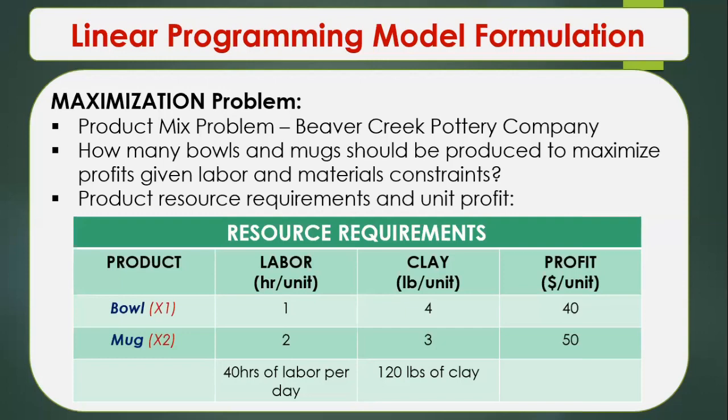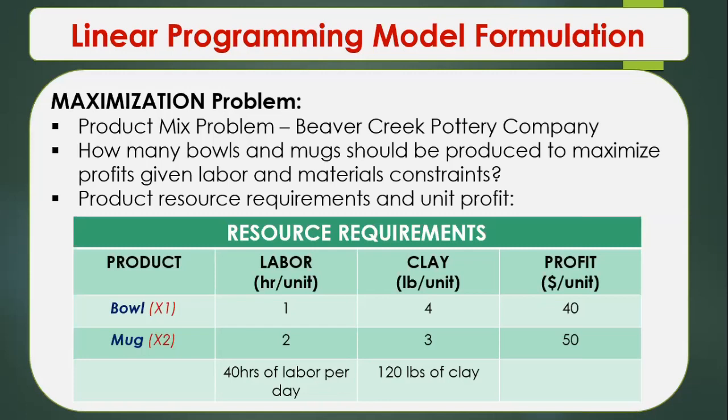Our example is a product mix problem, the Beaver Creek Pottery Company. How many bowls and mugs should be produced to maximize profits given labor and materials constraints? The product resource requirements and unit profit are as follows. As you can see in the tabulation presented, this is a tabulation of our resource requirements, and as you can notice, it is composed of 4 columns.